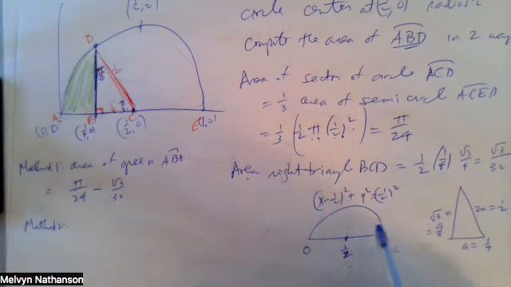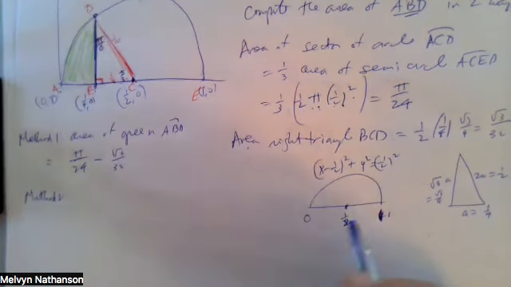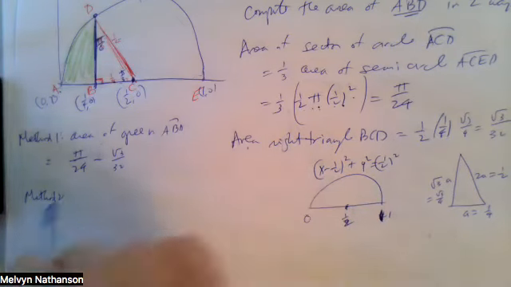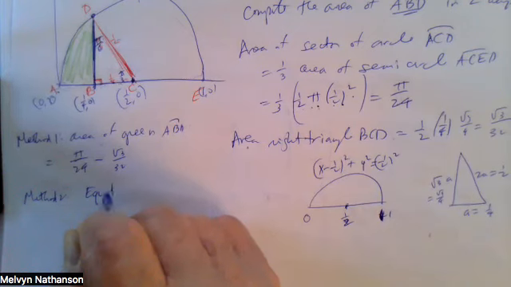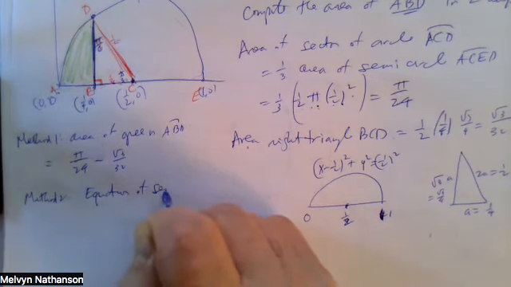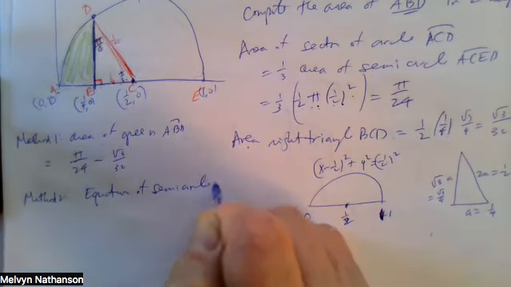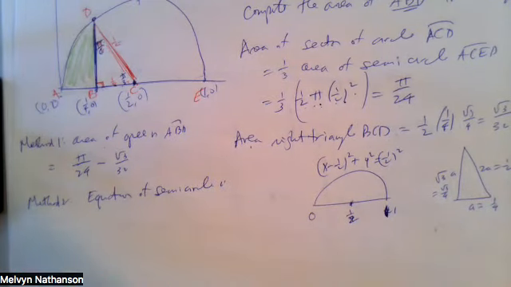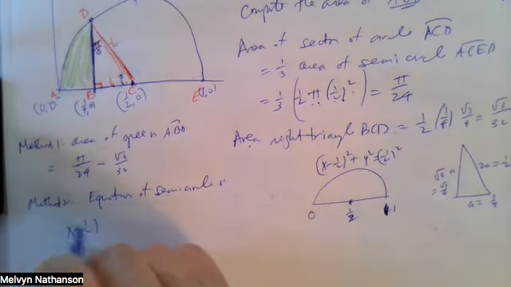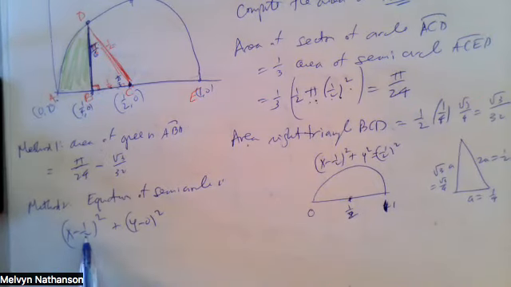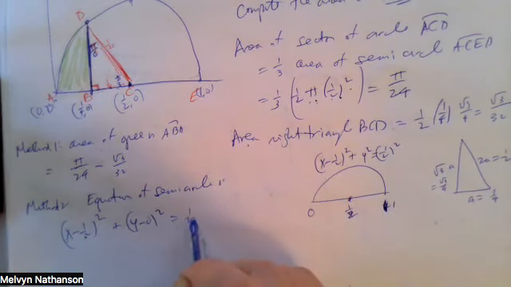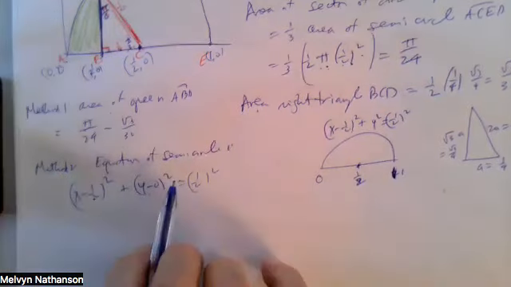Let's expand this. So for the semicircle, the equation of the semicircle is x minus a half squared plus y minus 0 squared, because the center is at a half, 0, equals the radius squared.